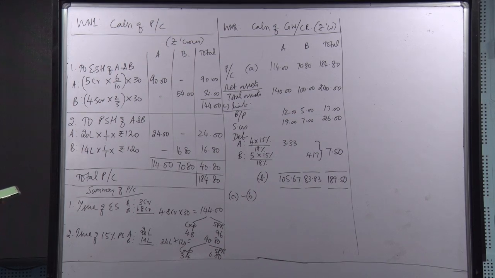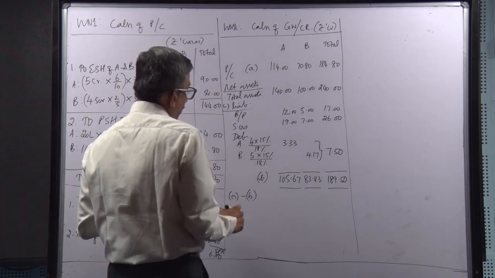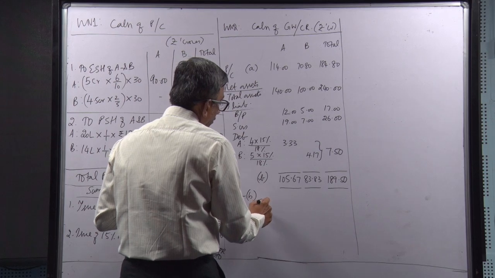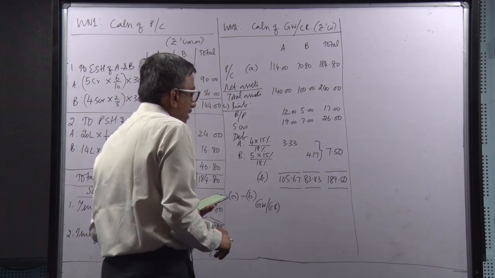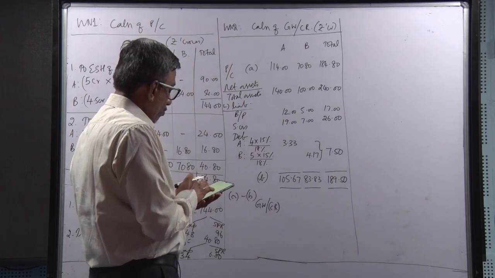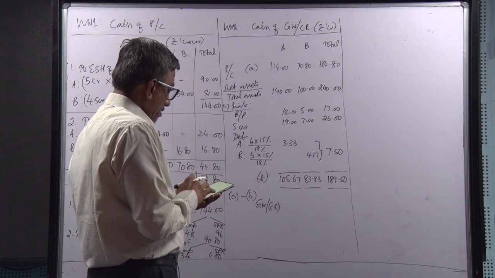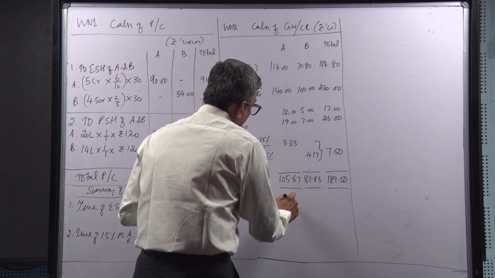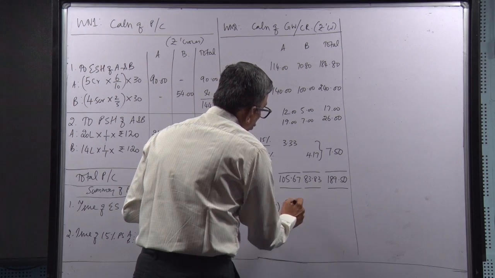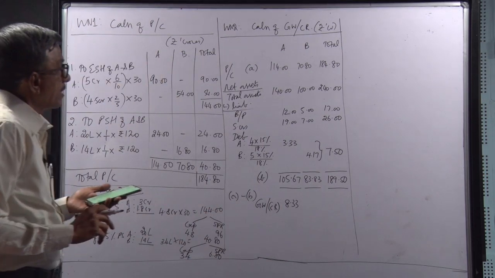If A minus B is negative, it is capital reserve. So let us see goodwill or capital reserve. Minus means capital reserve, plus means goodwill in this problem. So 114 minus 105.67. So in the case of A, it is 8.33 crores goodwill because consideration is more.